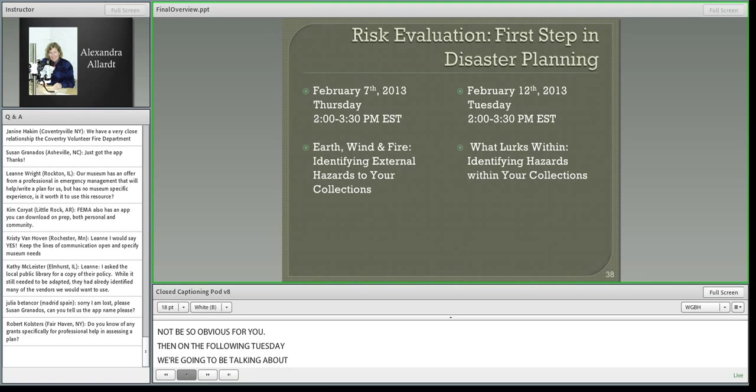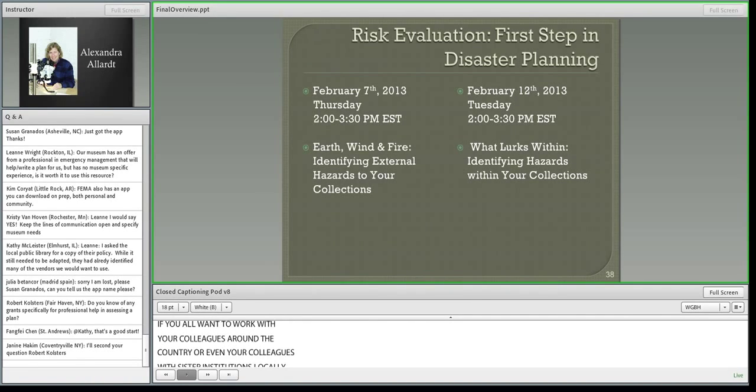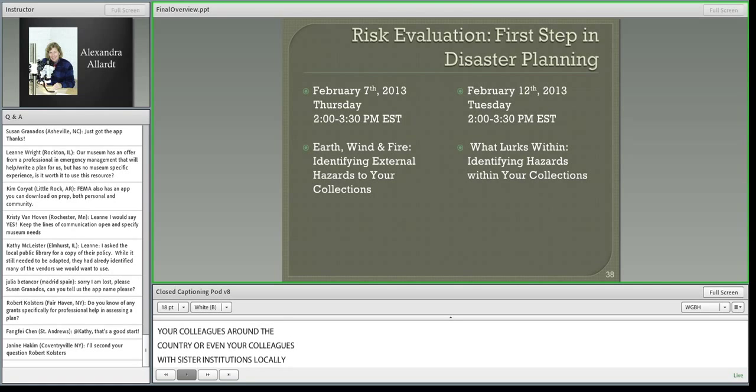Because if you want to work with your colleagues around the country, or even your colleagues with sister institutions locally, or even if you're connected with your home historical society because you value the stories your own community tells or has to share, this has a lot of information on what makes a hazard in a collection, and what do we look for, and gee, how do we protect ourselves, and what really does lurk inside my collections? What's the risky business in there? So that's what that's going to be on that following Tuesday.